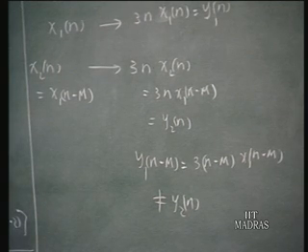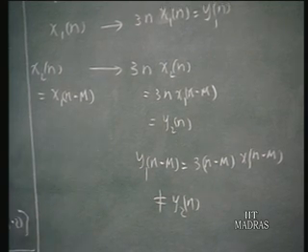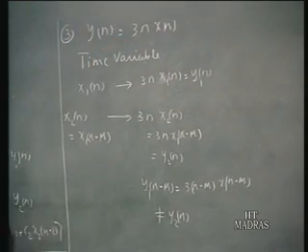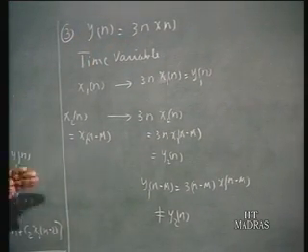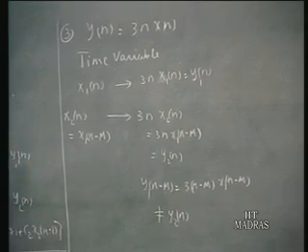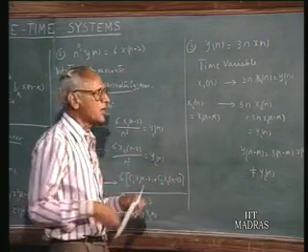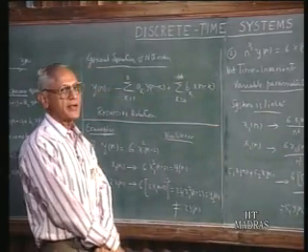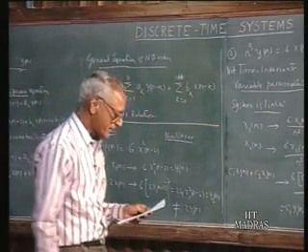So the conclusion is that whenever the coefficients of the x and y terms are functions of n, it is a linear, time variable system, but it does not satisfy the property that we are looking for, that when you delay the input by a certain amount, the output will also be delayed by the same amount. That property is no longer valid.